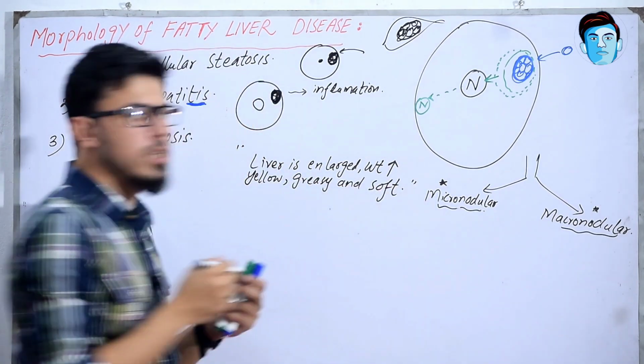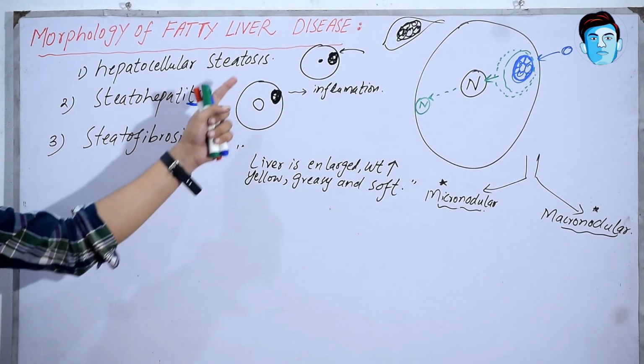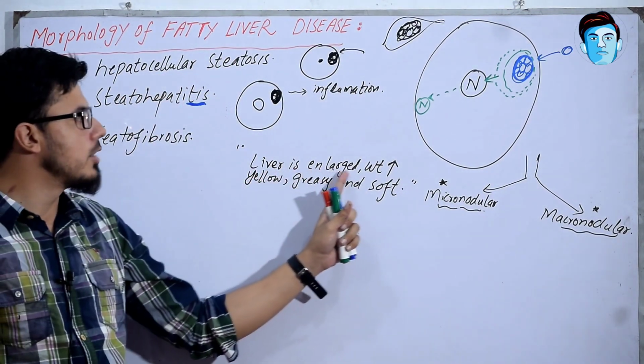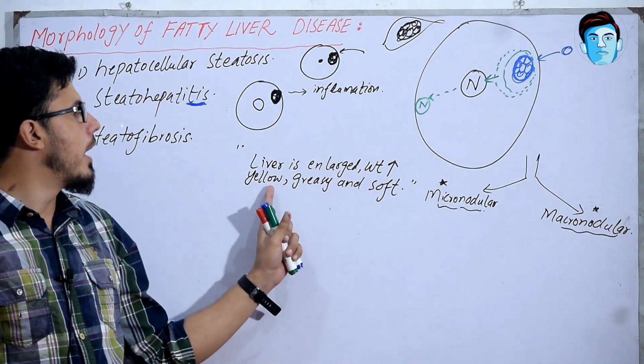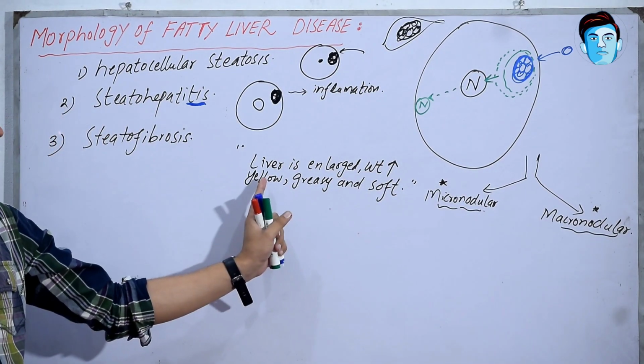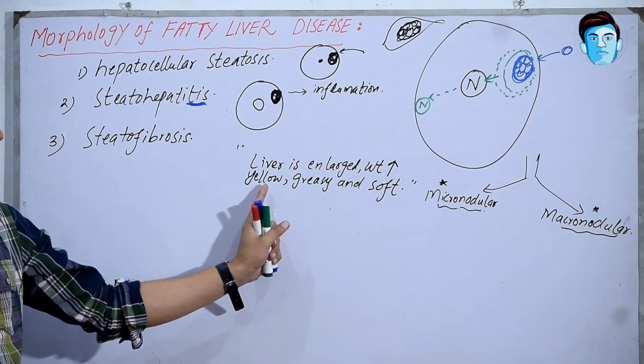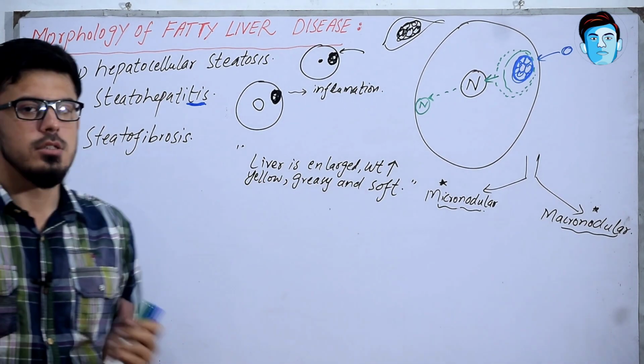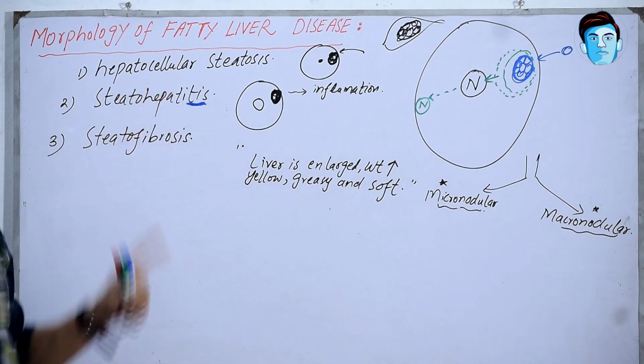As you know, normally the color of the liver is dark brown. So here the color of the liver is yellow, greasy and soft. So students, that's all about the hepatocellular steatosis.